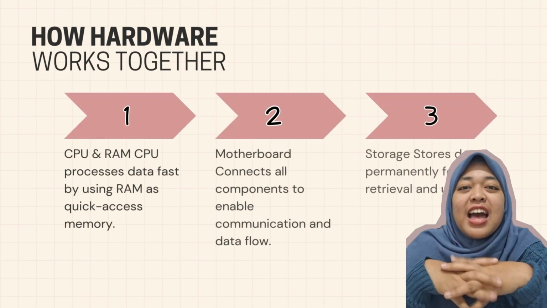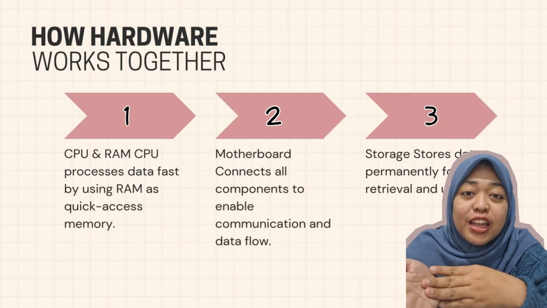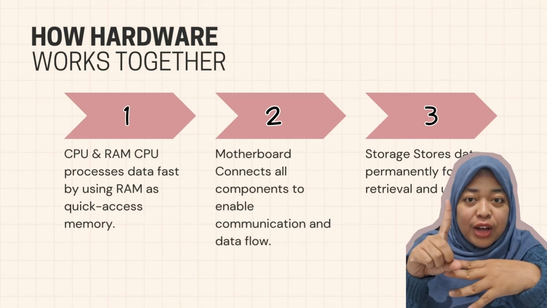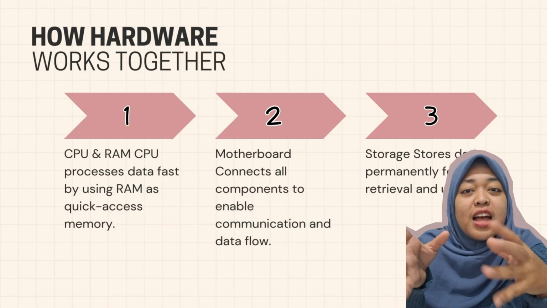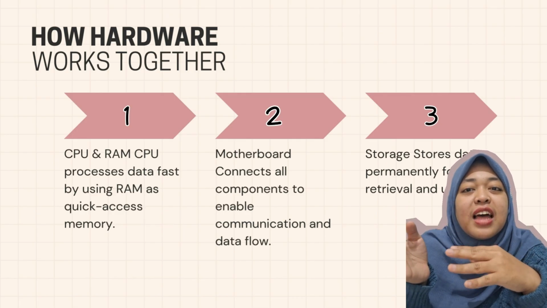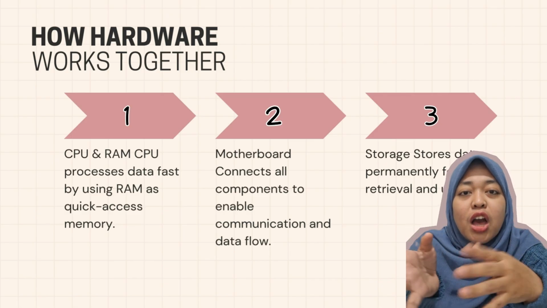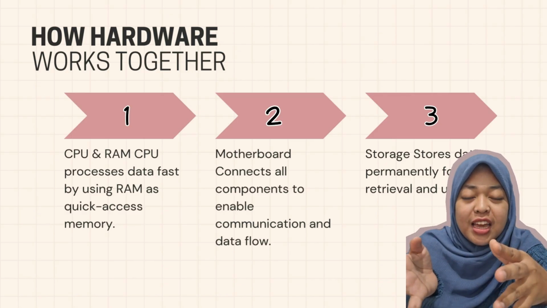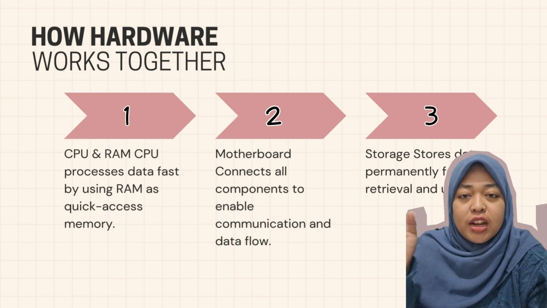This slide explains how hardware components work together in a computer system. Step 1. The CPU and RAM work closely together. The CPU processes data quickly by using RAM as temporary, quick access memory. Step 2. The motherboard connects all components.